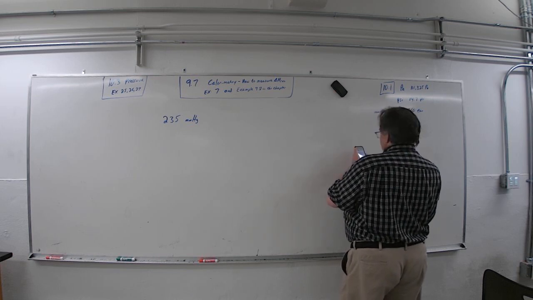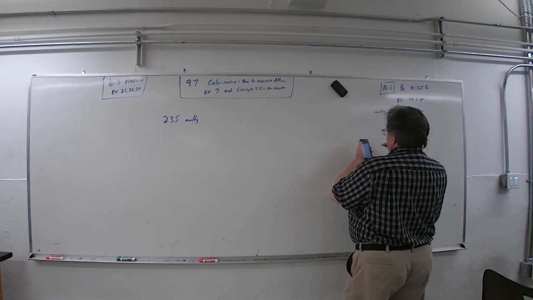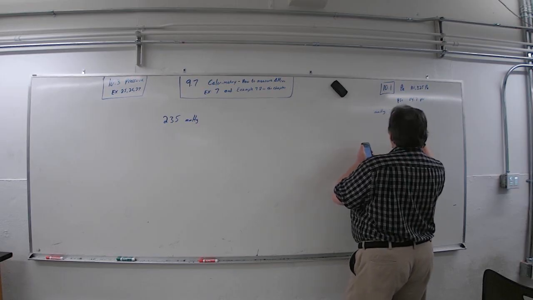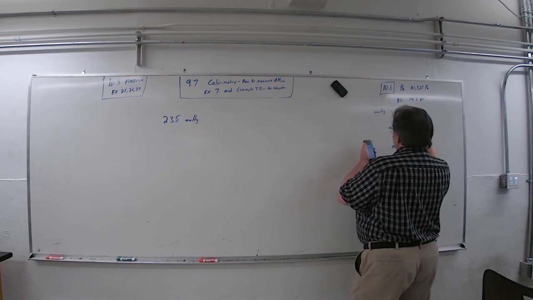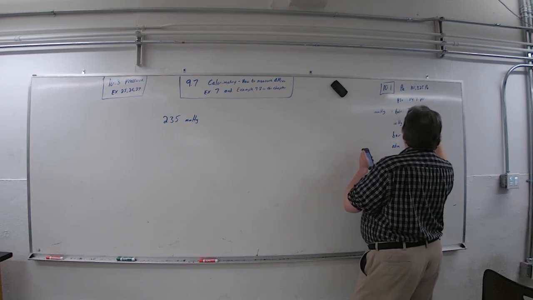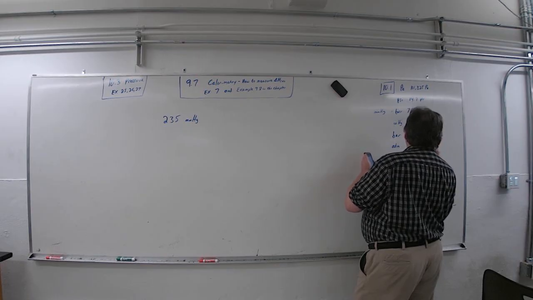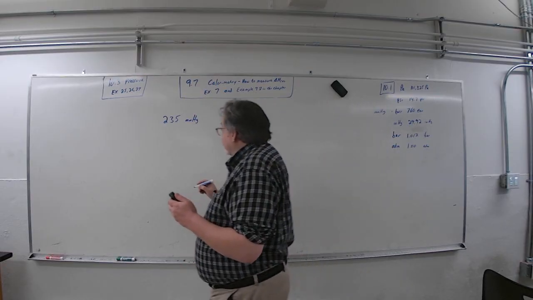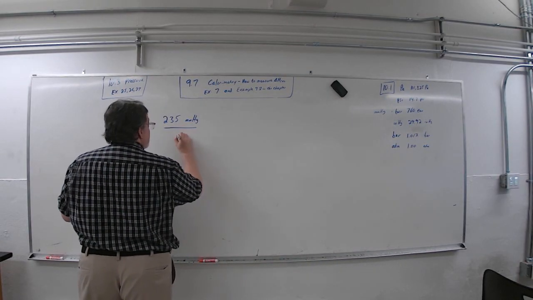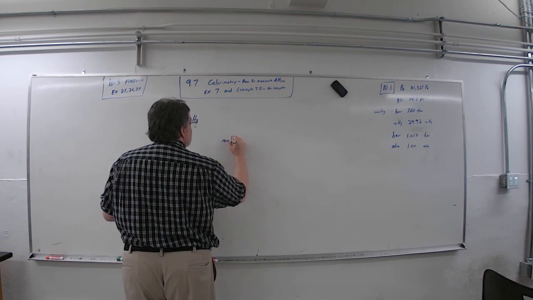Bar, atmosphere. 760. This is 29.2. So lots of different ways to represent pressure. And we'll get that chart on the test, right? Yes.